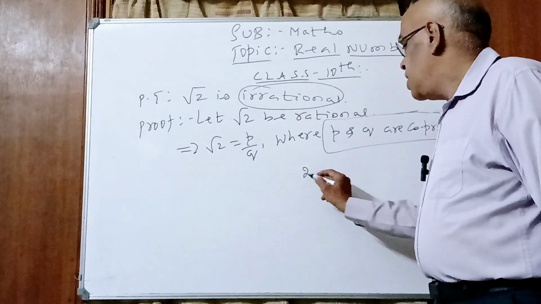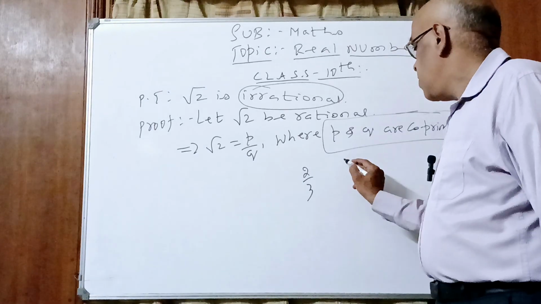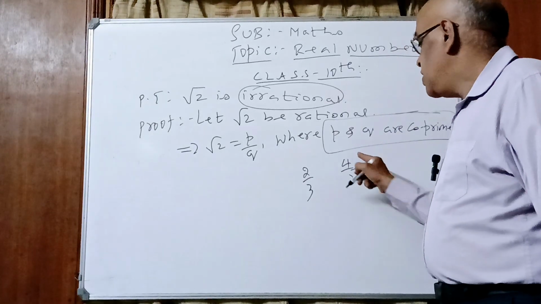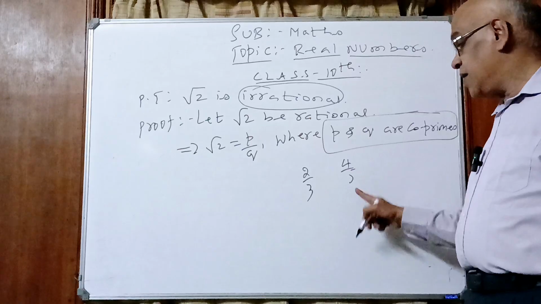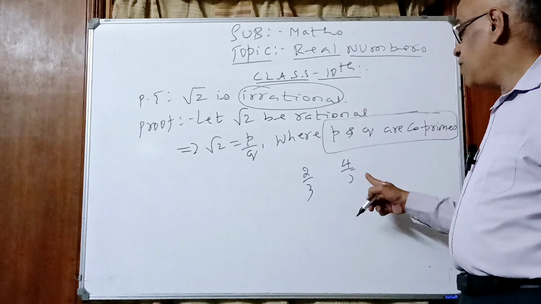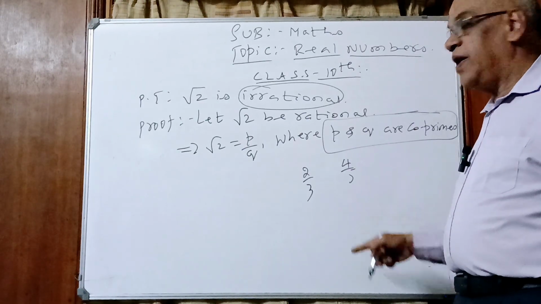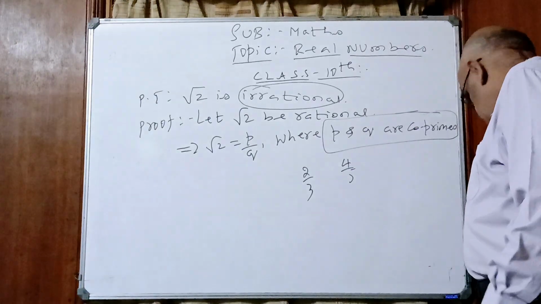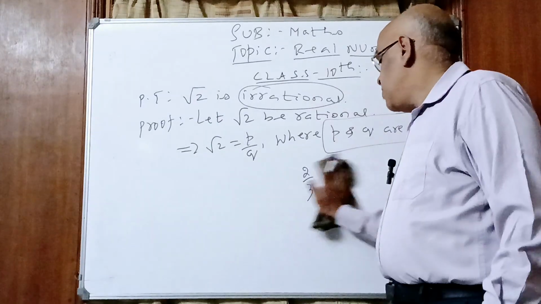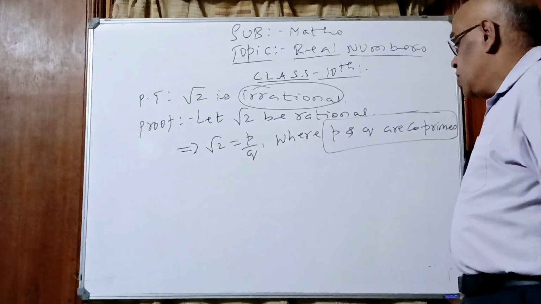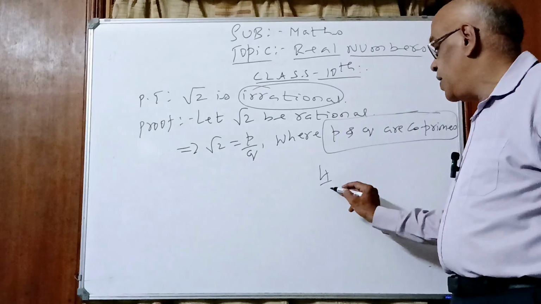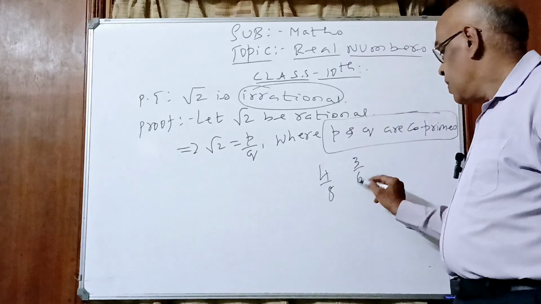For example, 2 by 3 I said, or 4 by 5. 4 is a composite number, but when it comes with a prime number, HCF will be 1. You cannot divide. Yes or no? So you cannot further simplify these numbers. Now, suppose we arrive at 4 by 8, 3 by 6. What happens, children?